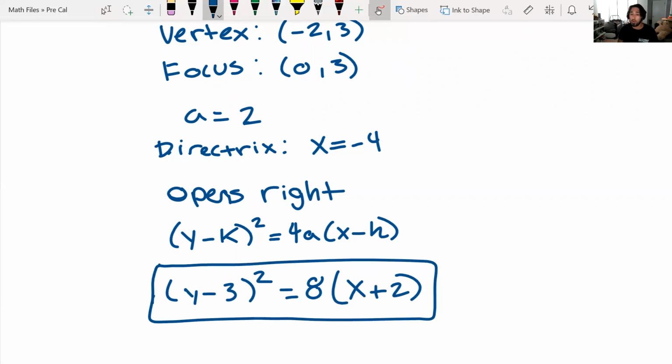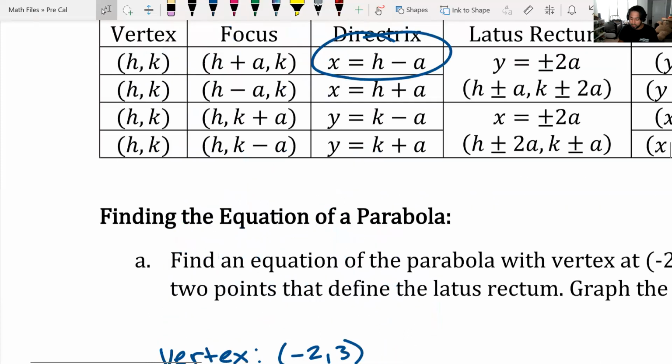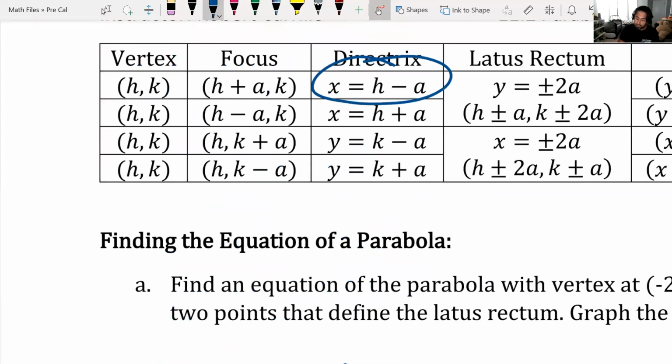And there it is, (y minus 3) squared equal to 8 times (x plus 2). Okay, and now let's find the points of the latus rectum. Looking at above, if we're going to find the latus rectum, let's just plug our a value into this formula. y equals plus or minus 2a.